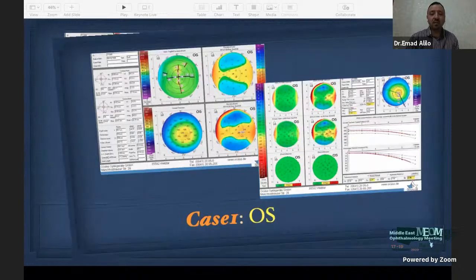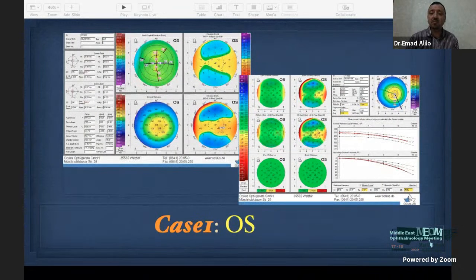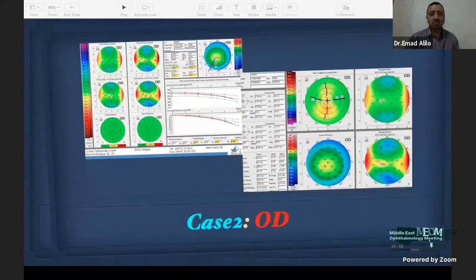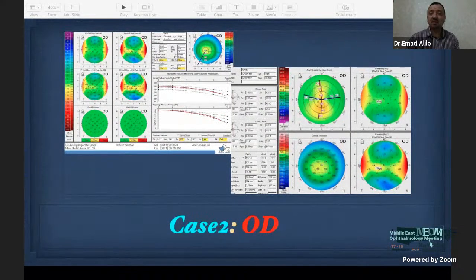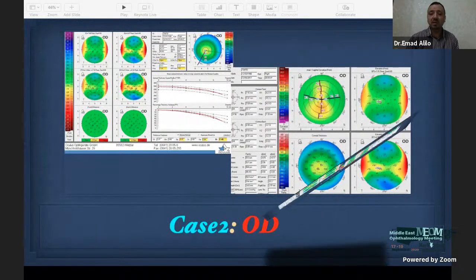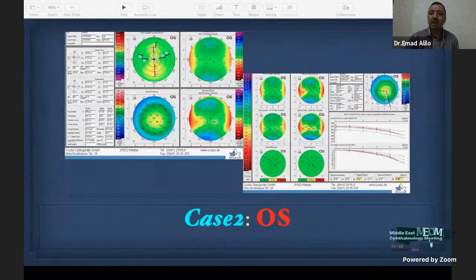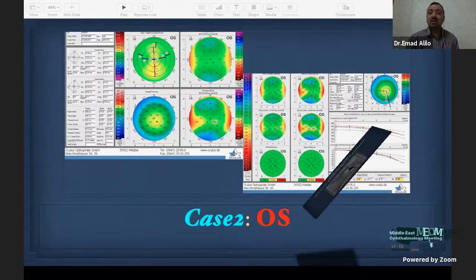The other eye of the same case, you also see even more warning signs on the Pentacam. And if we had this case also, we can see that it is quite suspicious. So we need a tool to make our screening and our decision-making process more sensible.